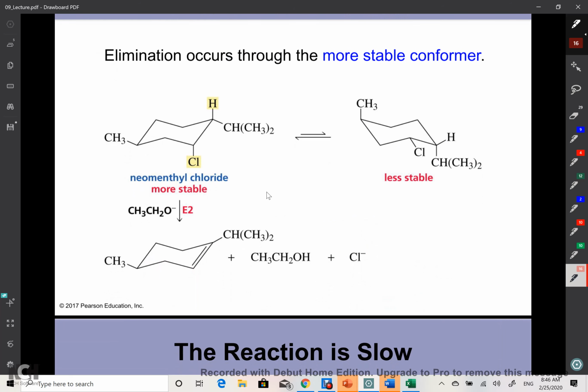And so that's what we're looking at here. We have two conformations over here. We have a more stable conformation versus a less stable conformation. Now, let's do a review of 301. What makes this conformation less stable?